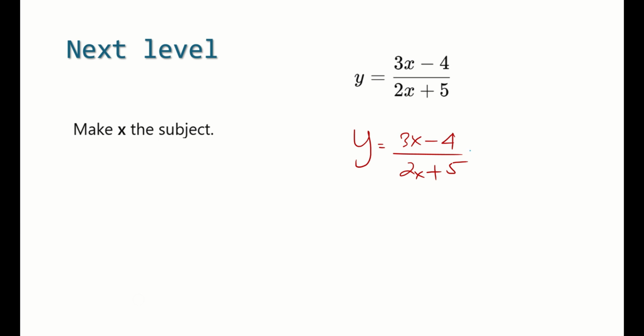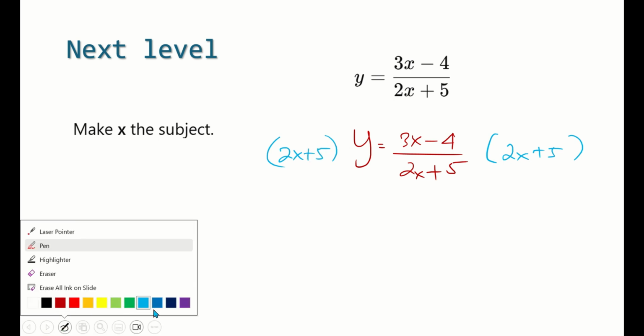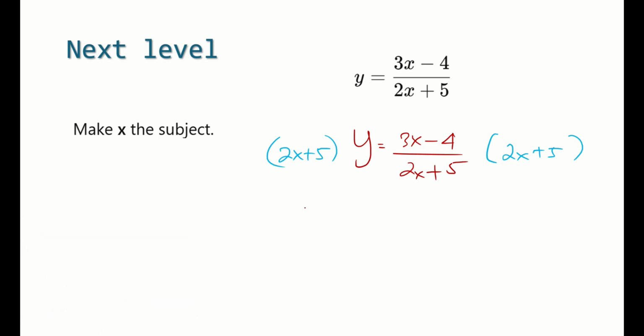So we multiply both of them. This one we times by 2x plus 5, but then do the same thing with the left side, 2x plus 5. Then if we want to continue, we have y in the bracket 2x plus 5 equals 3x minus 4.